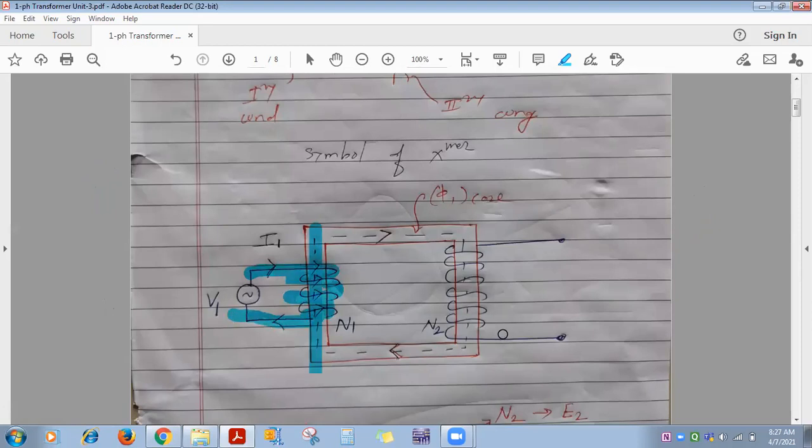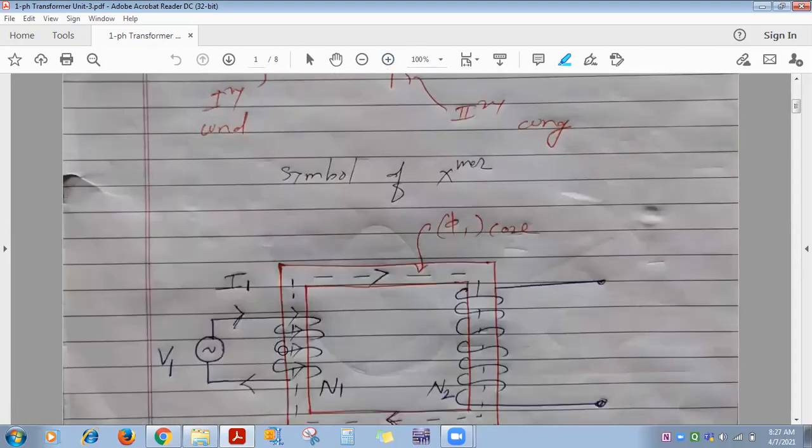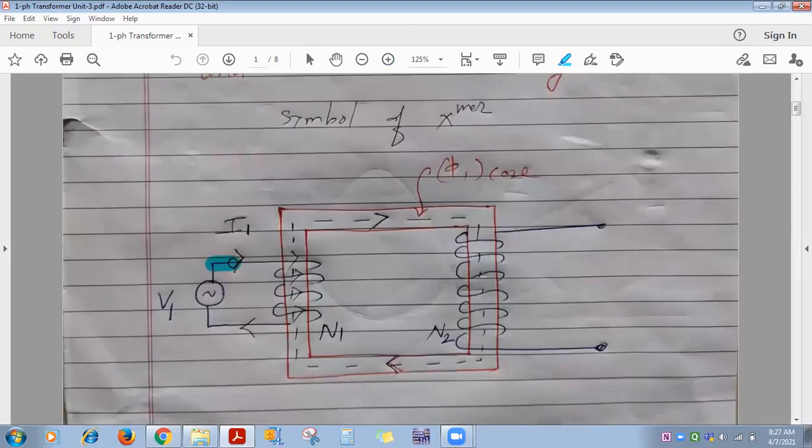It is wound in one particular direction. If you observe the primary winding turns, in which direction are they wound? Clockwise or anti-clockwise? Clockwise. Correct, because above the limb it is starting, the turns are wound in clockwise direction, primary winding turns N1.